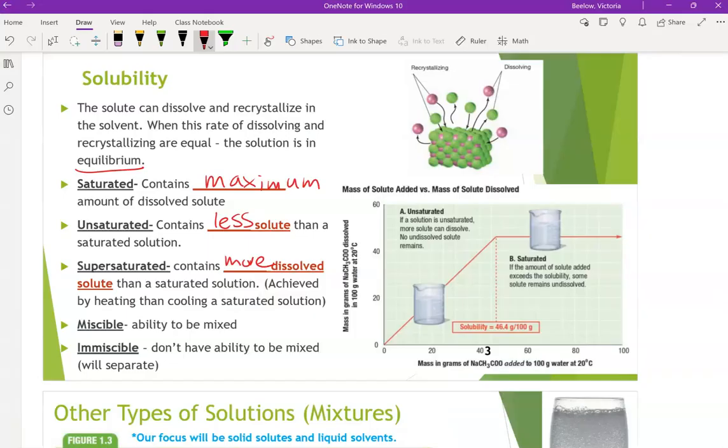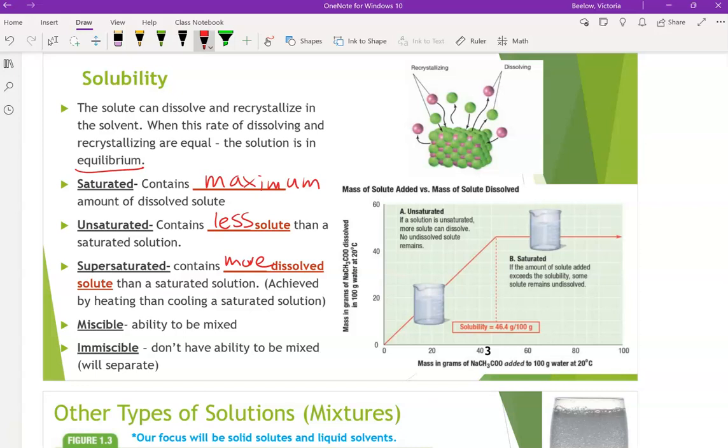So you can get a supersaturated solution when you have more than the dissolved amount of solute than a saturated solution, but it has to be achieved in a certain way. And the moment that you disturb it somehow or add a seed crystal, it's going to get out of that supersaturated state.